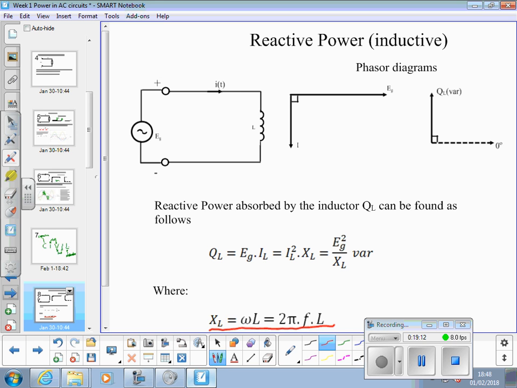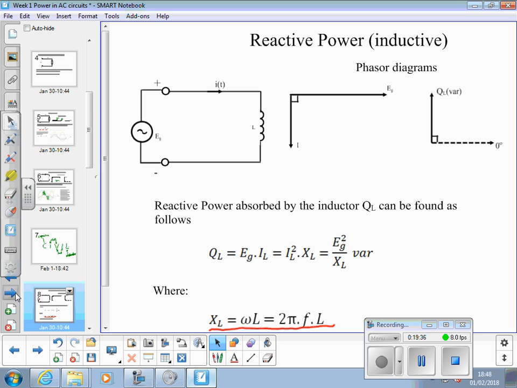Or we can get it from the generator voltage squared divided by XL. That is if the inductor is directly connected to that voltage. If there's a series circuit, you'd be using the voltage across just the inductor. Yeah?